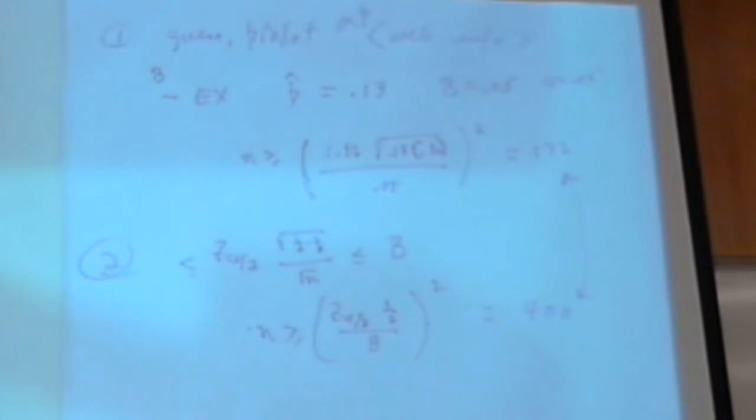So B is the margin of error on both ends. You're estimating P within that. What is N? Okay, so that's what we answered that question.